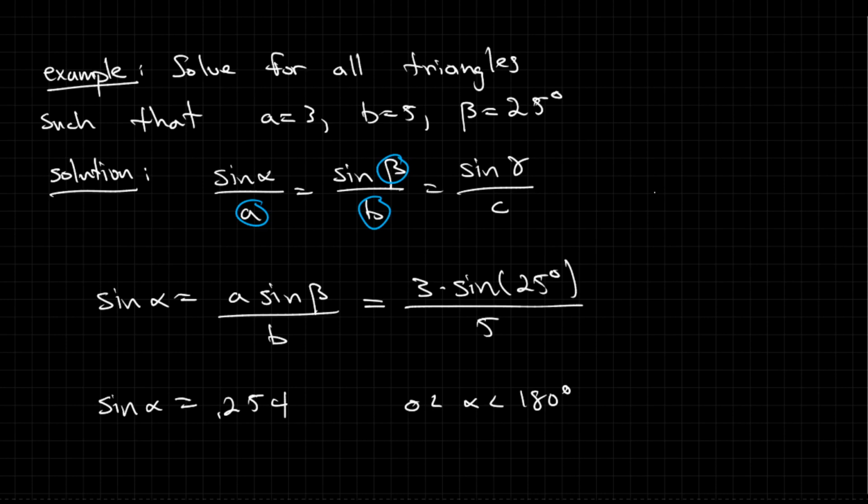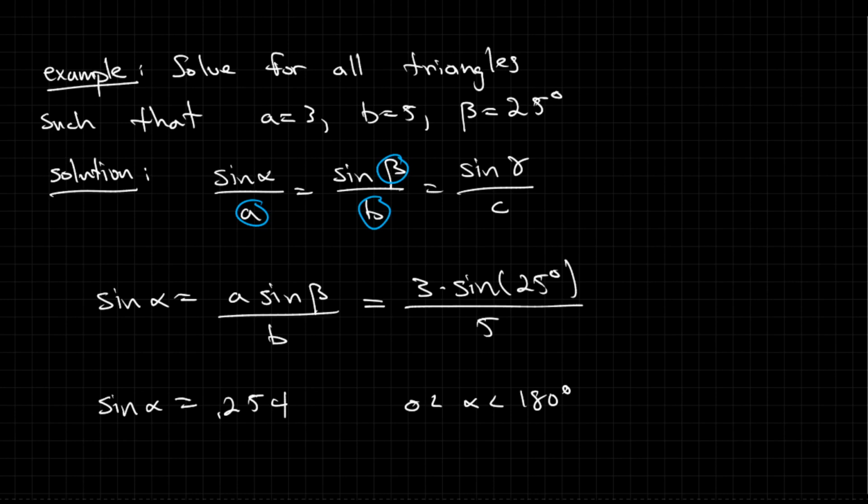And now for this equation, we're going to get two alphas that solve it. We're going to get the first alpha, alpha 1, which is the inverse sine function, so sine inverse of 0.254. And the second alpha, alpha 2, which is 180 minus alpha 1, as per our discussion earlier.